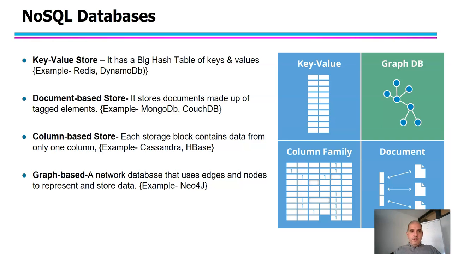So in this new data area, the big data part, there are new database types which are called under the name of NoSQL. SQL, as you can remember, stands for Structured Query Language, but NoSQL means not only SQL.